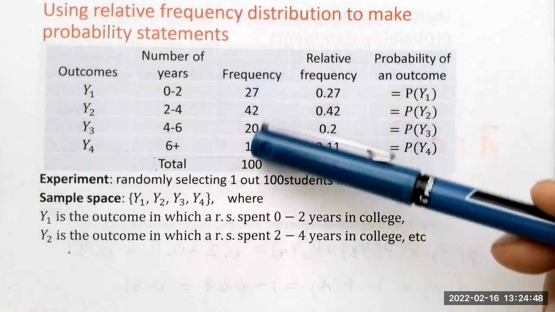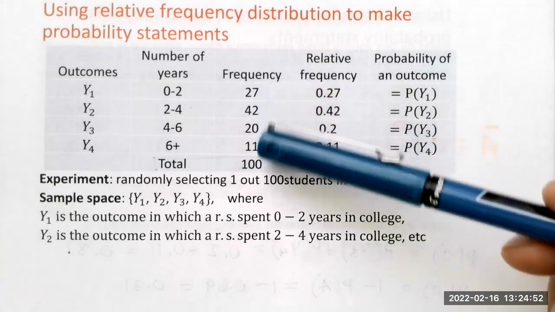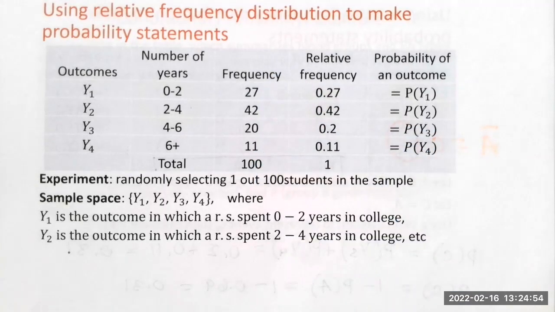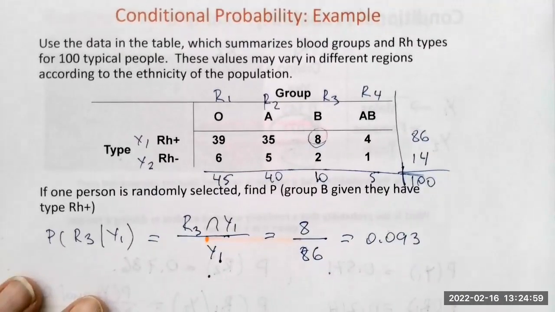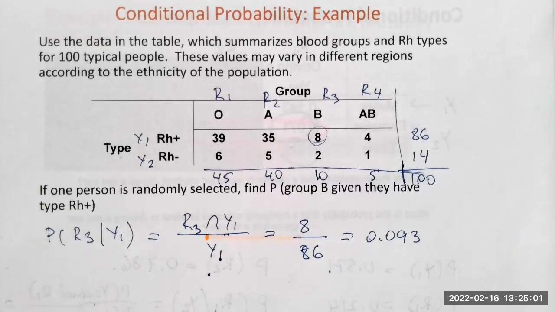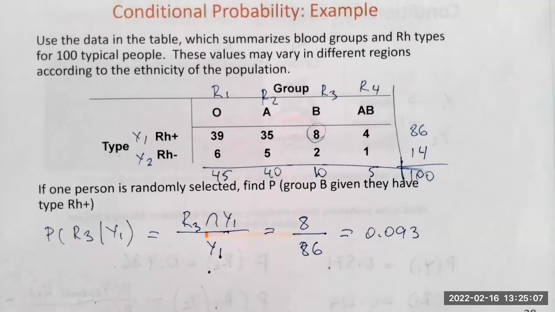If you're just using frequencies, you still have to convert them into probabilities before you can use them in the formulas. Just keep that in mind. Now, it works out with a conditional probability from the contingency table.